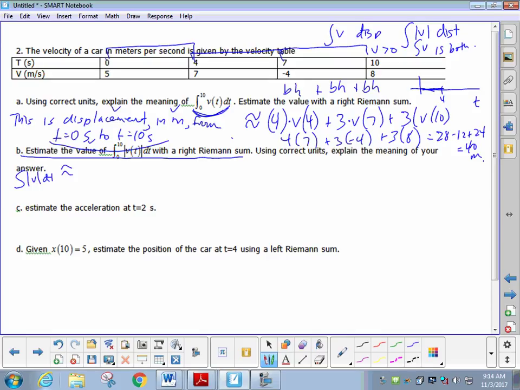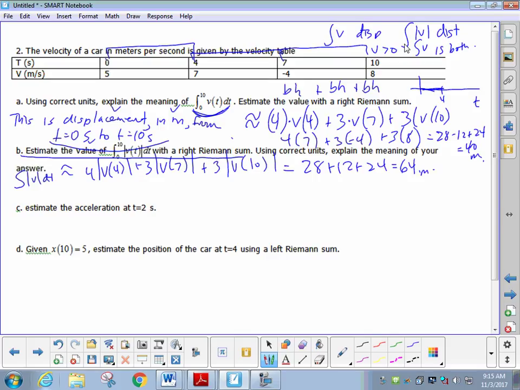It would be a lot like this, except instead of every v, you'd have absolute value of v. So it would be 4 absolute value of v at 4, plus 3 absolute value of v at 7, plus 3 absolute value of v at 10. And so this would be more like 28 plus 12 plus 24, or 64 meters.